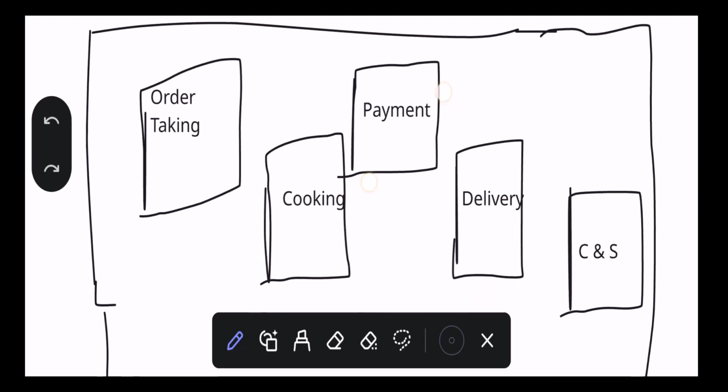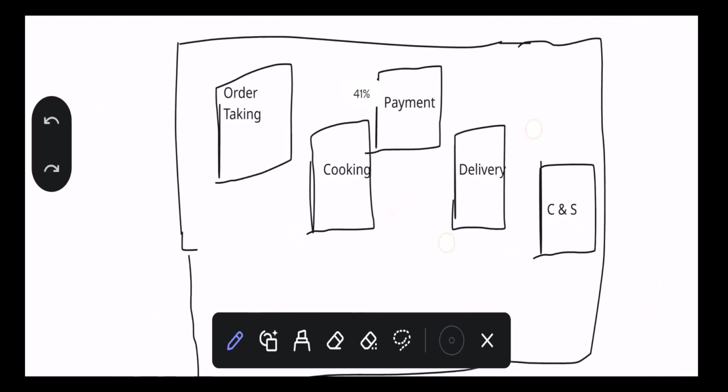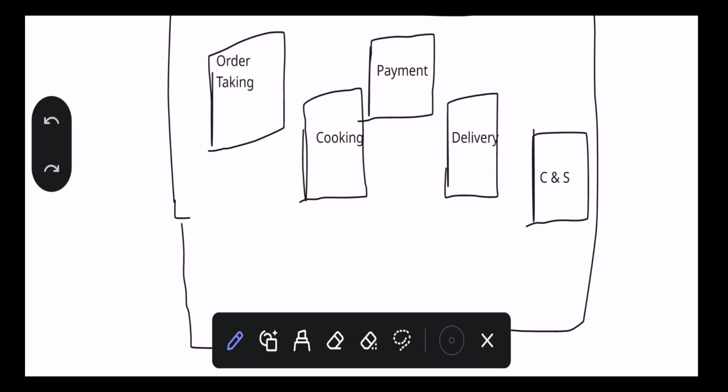Okay, so now consider again that restaurant where we have everything in one building.